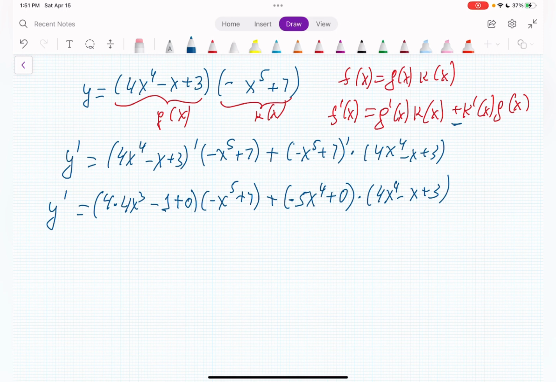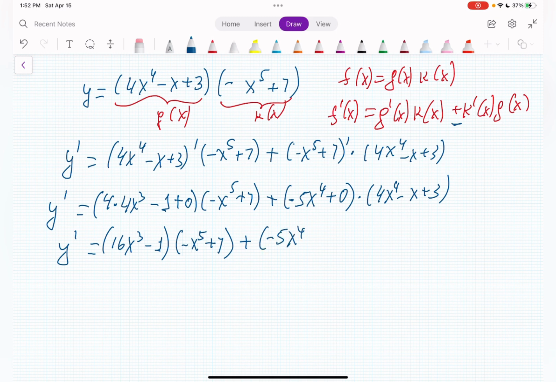Okay, let's clean up here. y prime is equal to 16x cubed minus 1, times negative x to the 5 plus 7, and then plus negative 5x to the 4 times 4x to the 4 minus x plus 3.